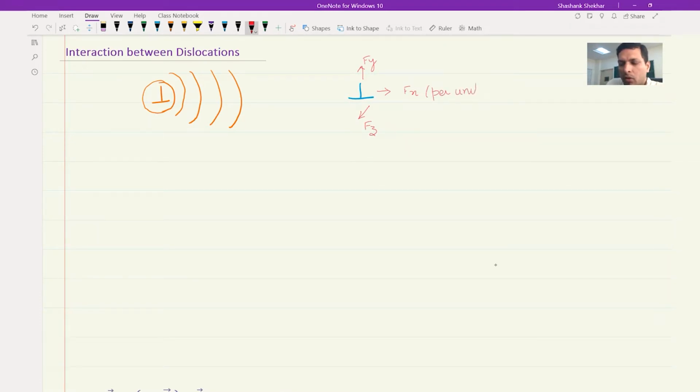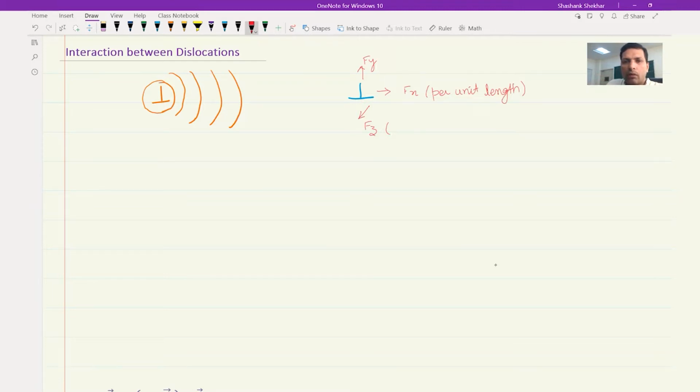Although I will not explicitly write it as per unit length, we have to understand that for a dislocation, which is not of any finite length, or at least we are not considering any finite length, it can have any amount of length. Basically, what I mean to say is that it is not any given length from the beginning of the problem. So it can have a finite length, but not any known quantity.